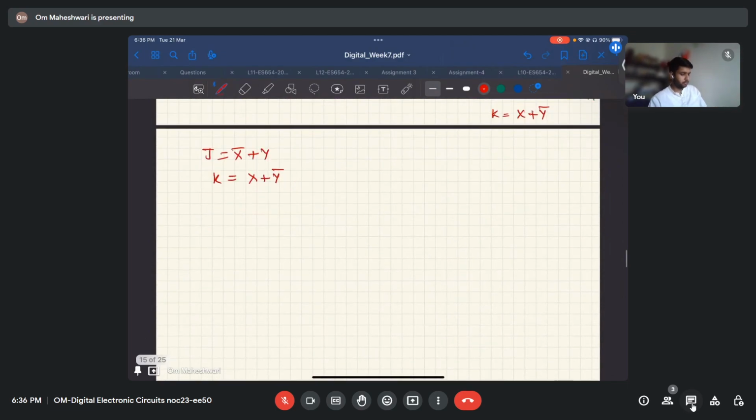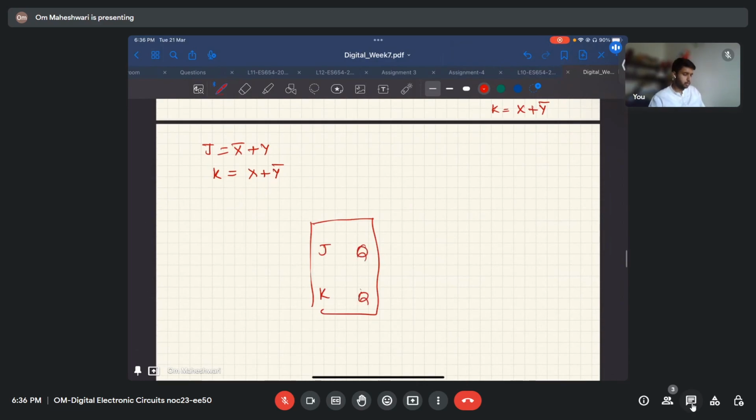Okay. So if we want to make this, we can make J, K, Q, Q bar, with X and Y as the inputs.